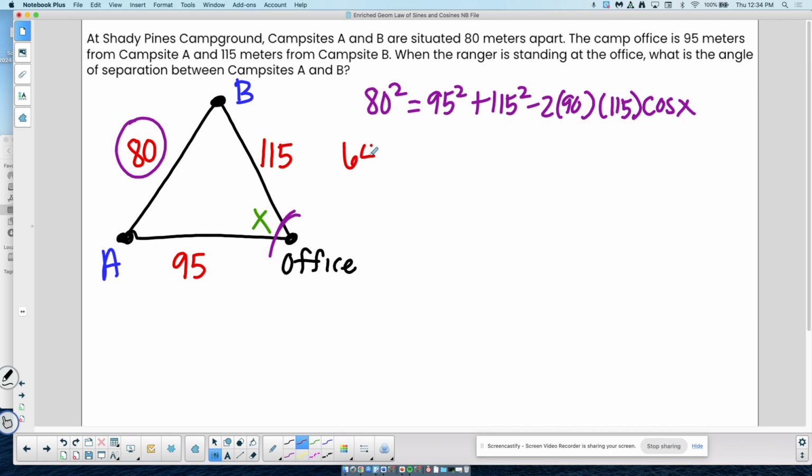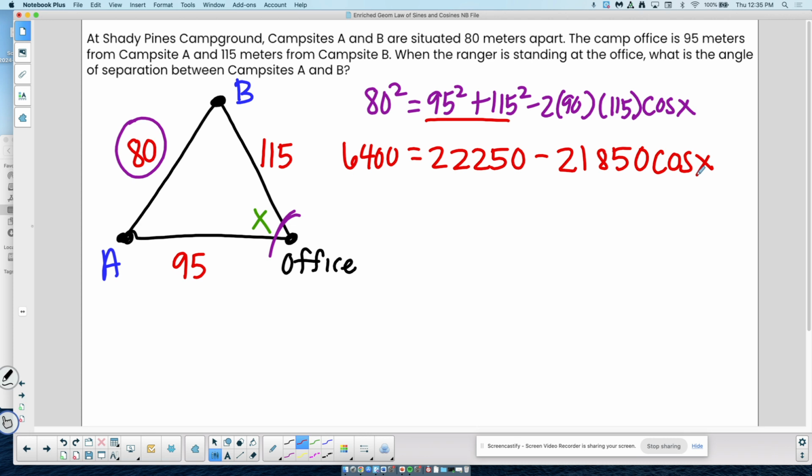80 squared is 6,400. I'm going to do this together. 95 squared plus 115 squared is 22,250 minus 2 times 95 times 115, 21,850 cosine of x.